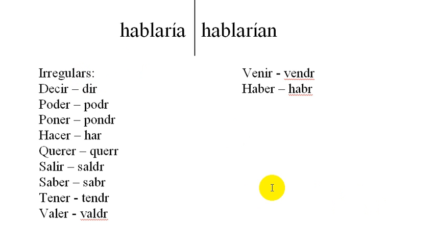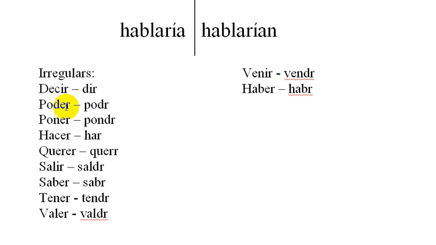I'm going to go ahead and pronounce the yo form of each of these for you in the conditional just to make sure you can hear how they're pronounced. Okay, so starting with this here, diría, podría, pondría, haría, querría, saldría, sabría, tendría, valdría, vendría, habría.